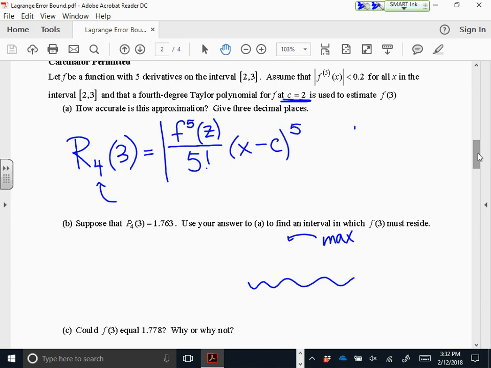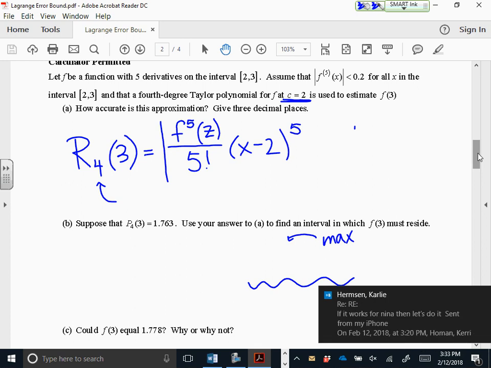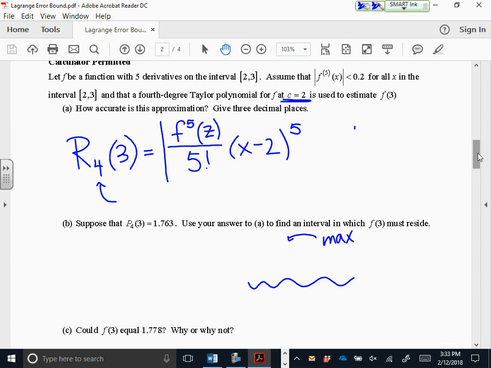What are all these numbers here? c is what we're centered at, and we know that we're centered at 2. Centered at 2, we're using it to approximate 3.